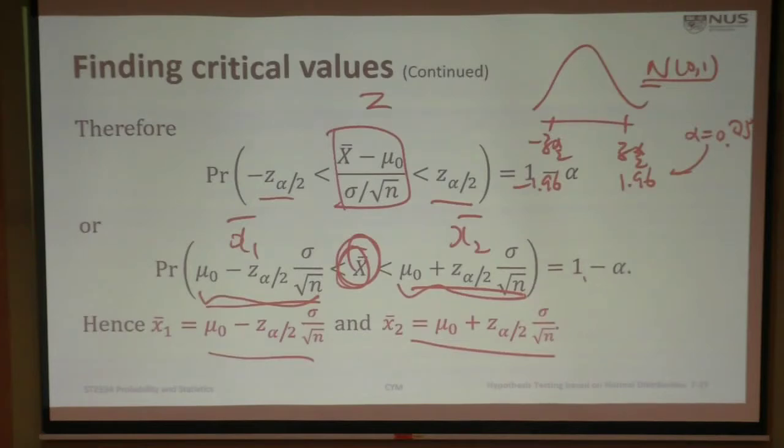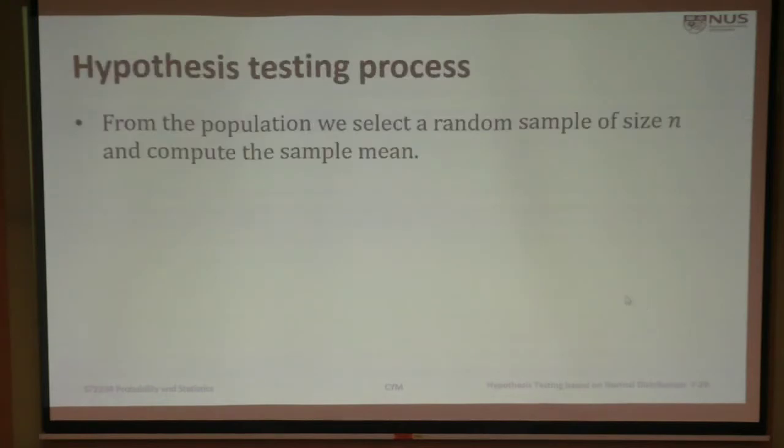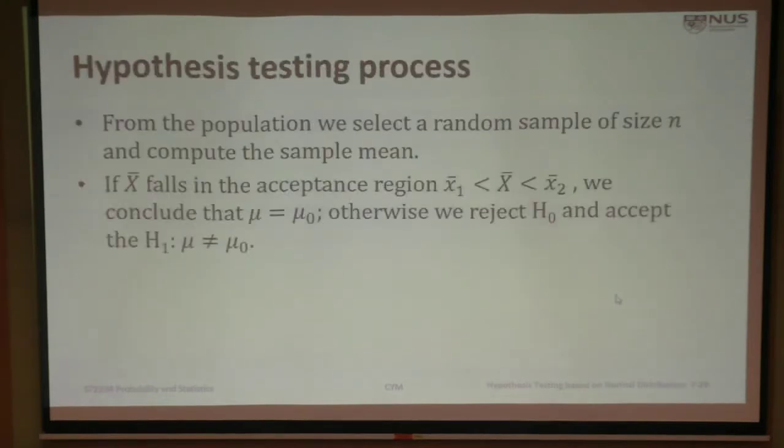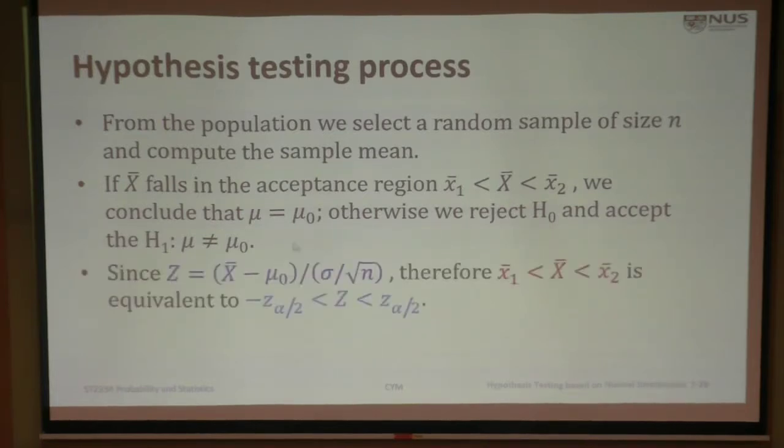That means the chance that it gets out of these two critical values is only about alpha times 100%. So what we do is to select a random sample of size n, calculate x bar, and then we will reject the null hypothesis if x bar falls outside this range. If it falls within, we do not reject the null hypothesis.